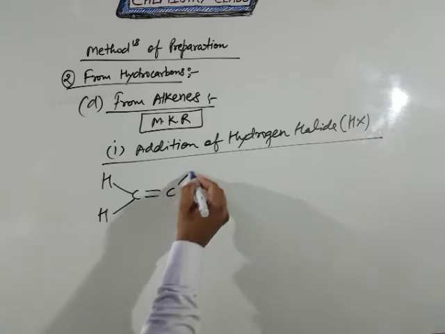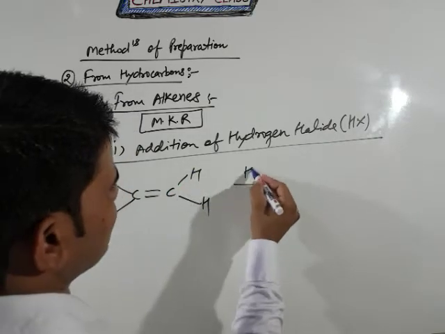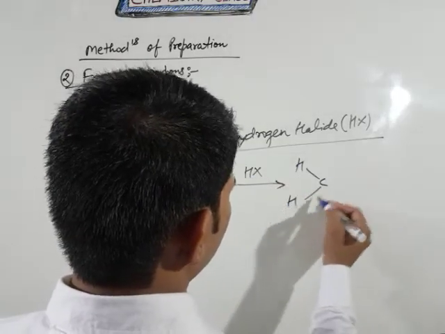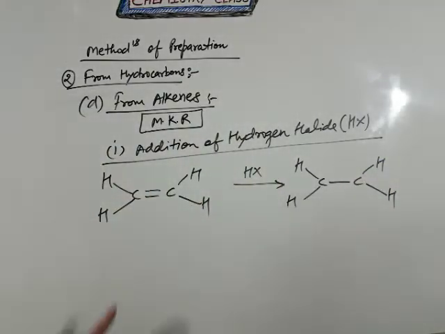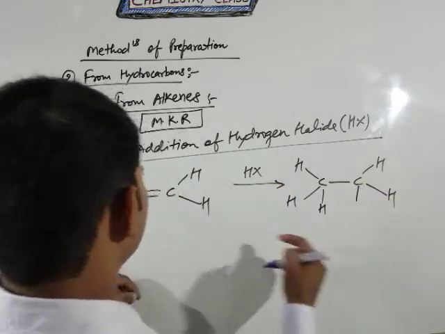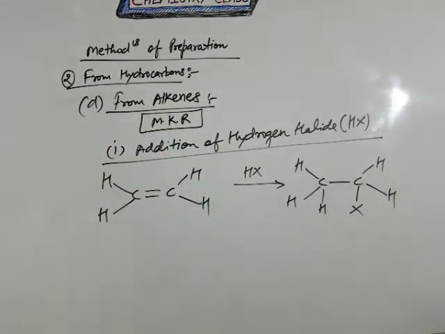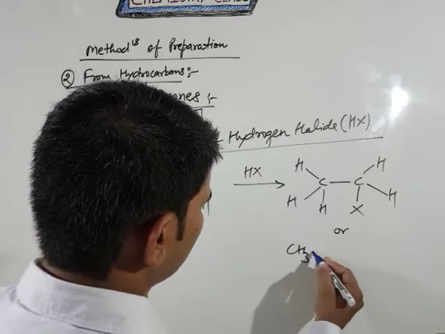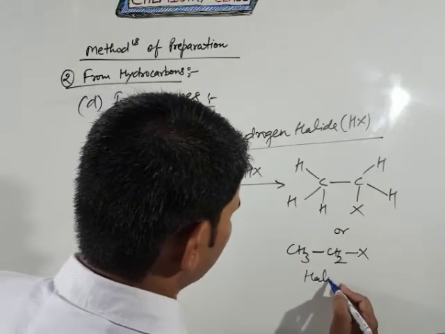The formula is HX. So students, take the example CH2 double bond CH2. If we are adding HX, in this case you can see here the double bond converts into a single bond, and one carbon atom has the H attachment and the second carbon atom has the halide attachment. So in this case you can write CH3CH2X, which is our haloalkane derivative.